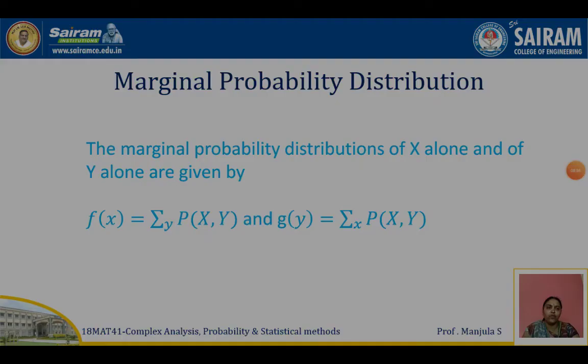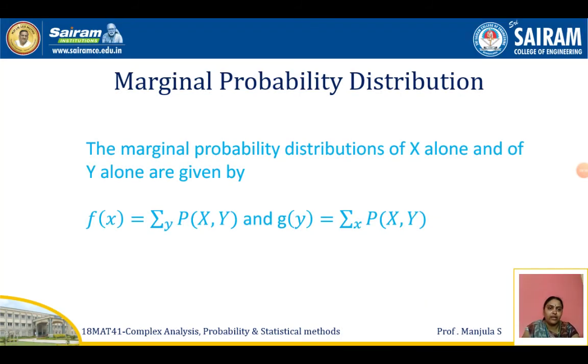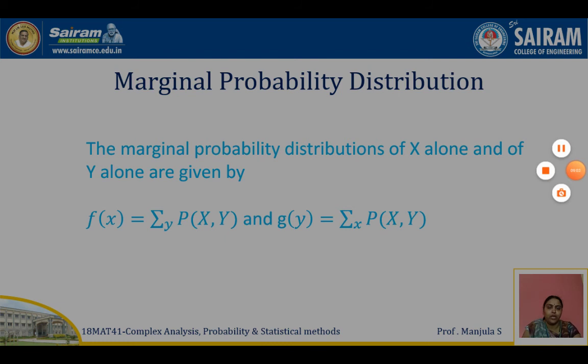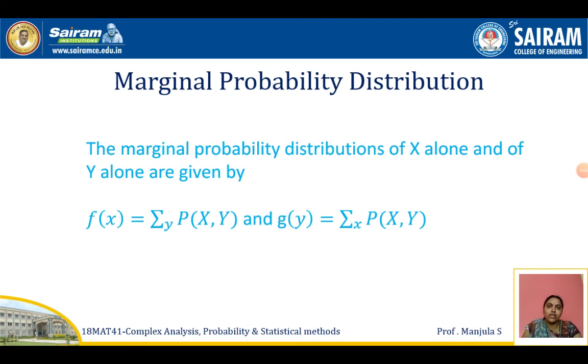Next, we'll go for the next definition, that is the marginal probability distribution. The marginal probability distributions of x alone and y alone are given like this. f of x equals summation of P of x comma y over y.